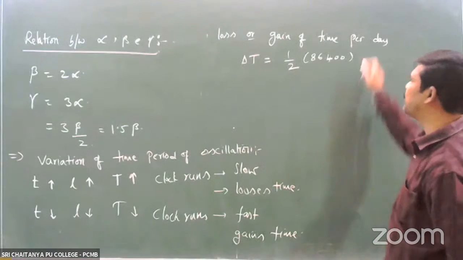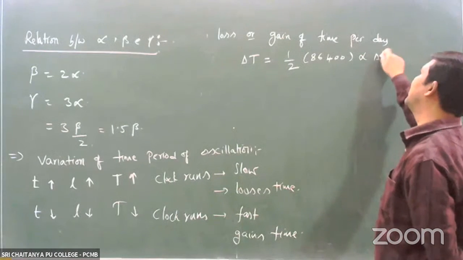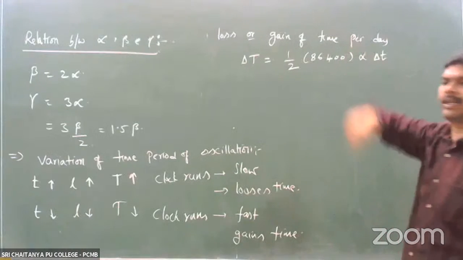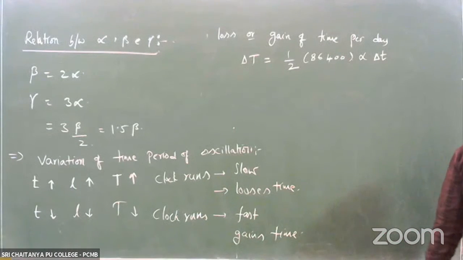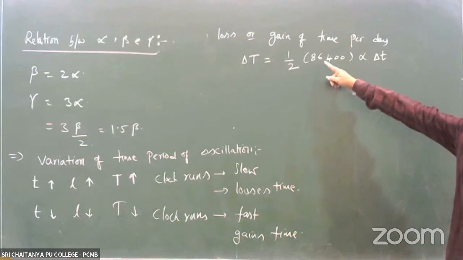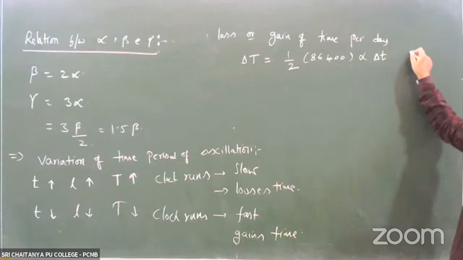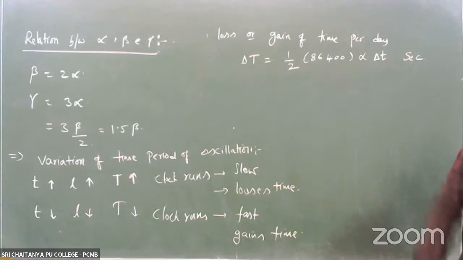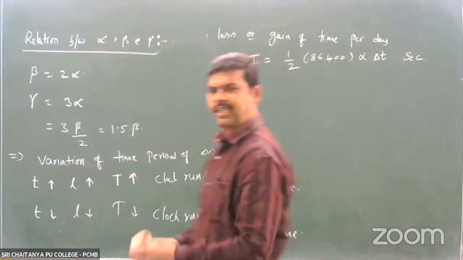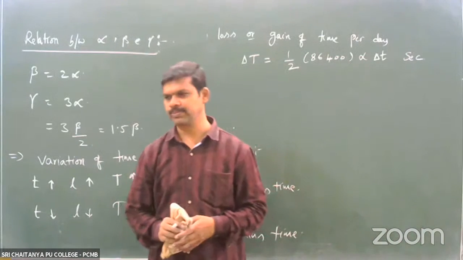Yes, 86,400 alpha delta T. Loss or gain of time per day is half of 86,400 alpha delta T seconds. Right? This formula you need to remember. Based on this, we even solved some problems also. Okay?